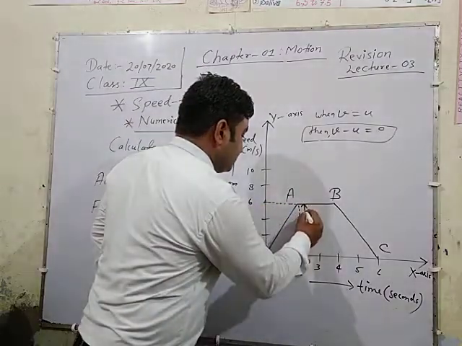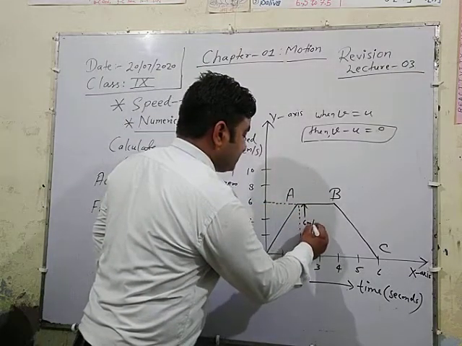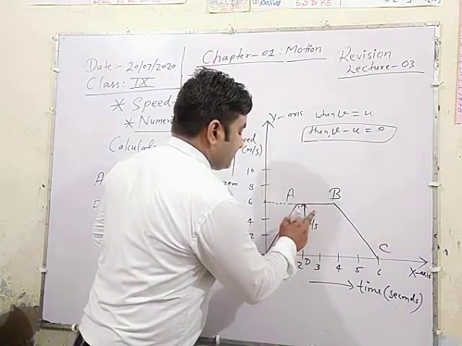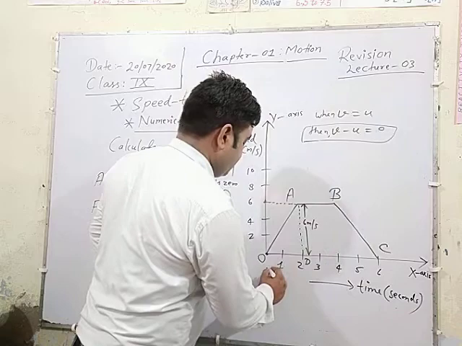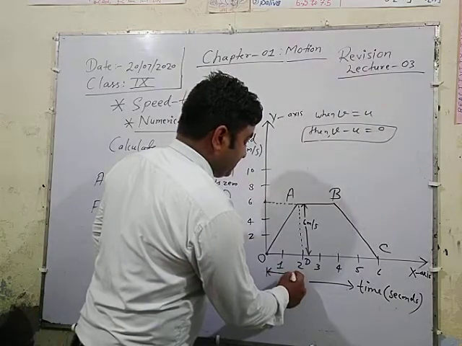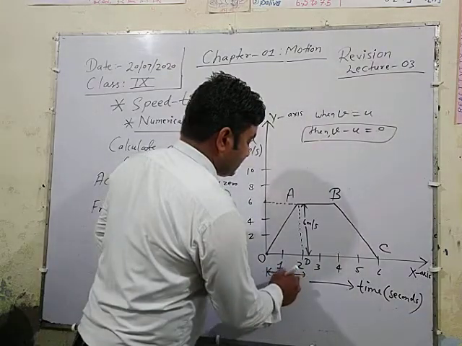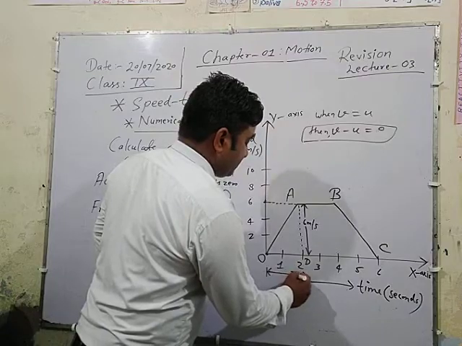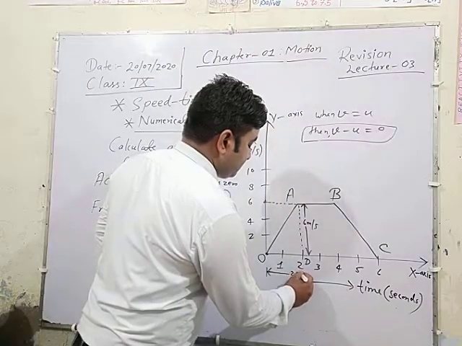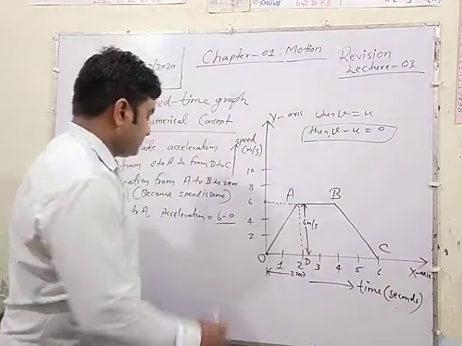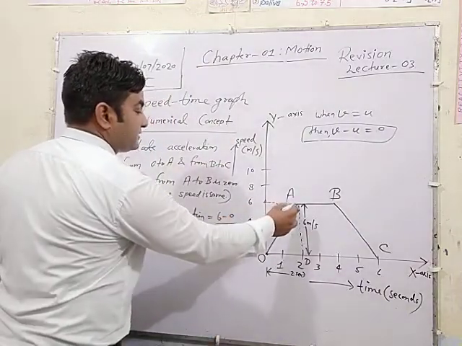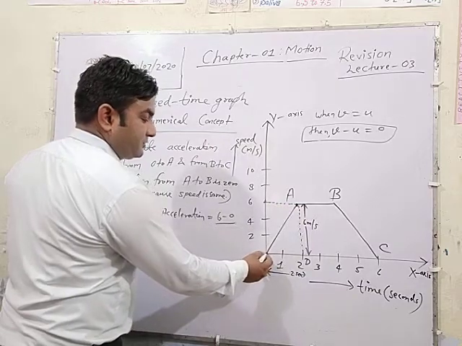then this one is 6 meter per second, and time here is 2 second, and this one is speed 6. So 6 minus 0, at one point it is 6 and at the other it is 0.